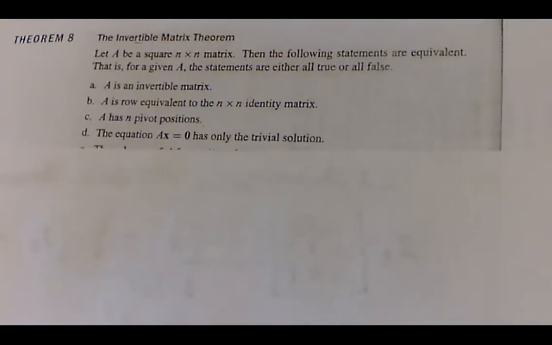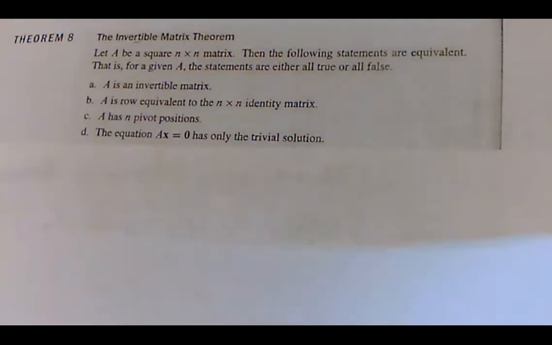Okay. D, the equation AX equals 0 has only the trivial solution. Only the trivial solution. So think about what it means to have only the trivial solution. It means it has no free variables. If it has no free variables, then think about what the augmented setup that we would do for AX equals 0 looks like.